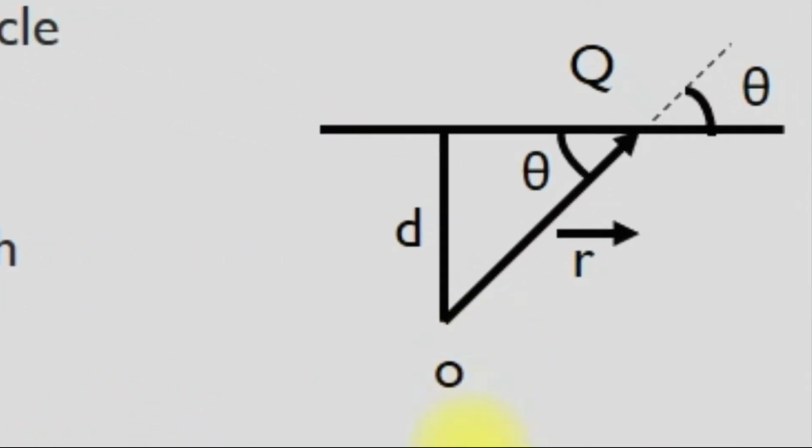If you see the diagram, the origin is at O and the perpendicular distance from the origin to the path of the mass is small d. So at any particular point, we can draw the position vector r as OQ. OQ is the r vector, which is the position vector of the object which is moving.